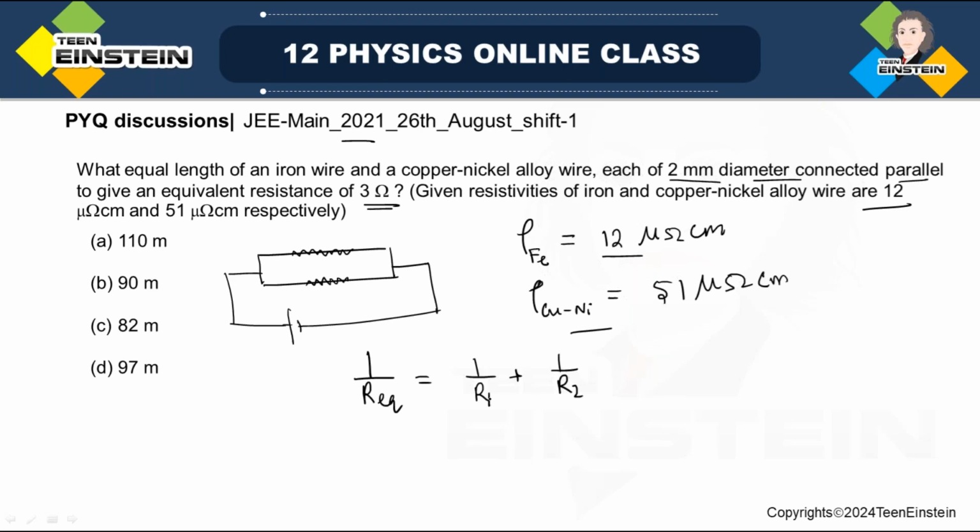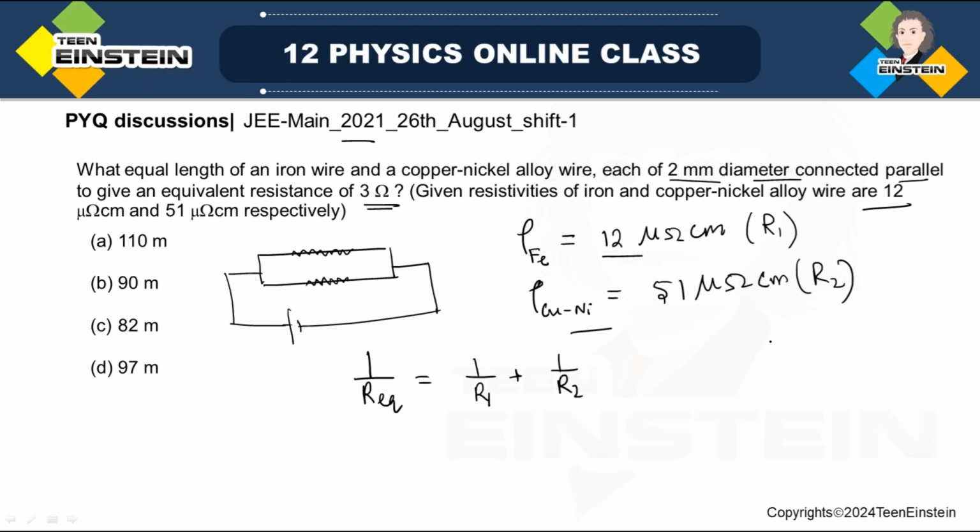Now see, in place of R1 and R2, suppose this has resistance R1 and this has resistance R2. So how to find out R1 and R2? They have told you to find out the common length, and an equal length of both the wires in parallel connection will give this 3 ohm equivalent resistance.